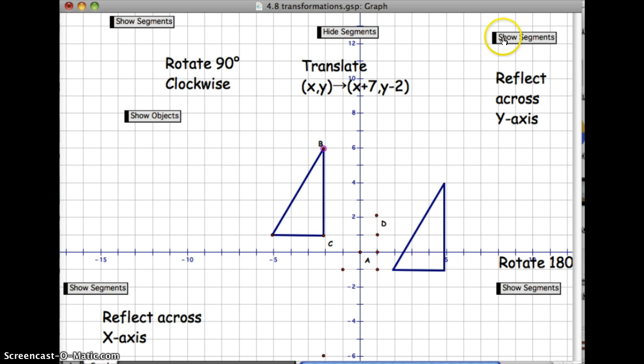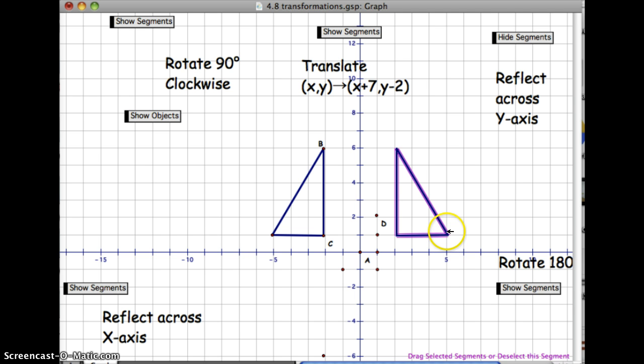Okay, if I want to reflect across the y-axis, what's going to stay the same? The y values, right? So all the y values stay the same, then my x values all become opposite in this case, right? Opposite of the negatives are the positives. What if I reflected down the x-axis? Okay, x stays the same.